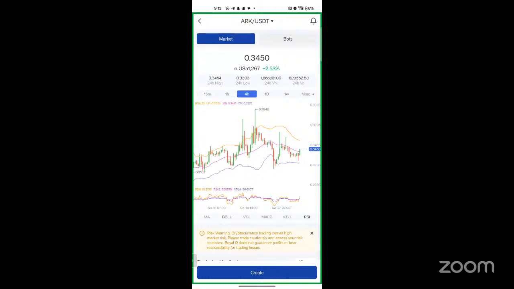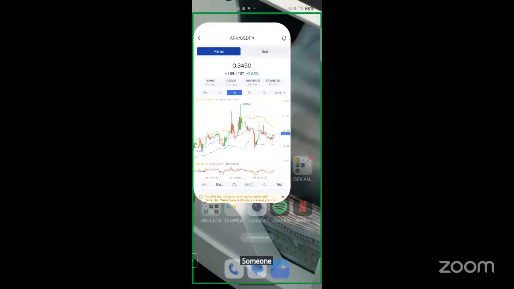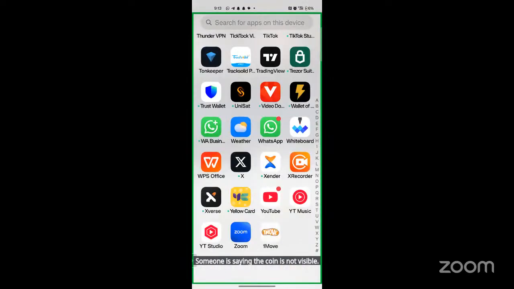Even ARC can. Even this one is okay. Someone is saying the coin is not visible. Let me look at another one.